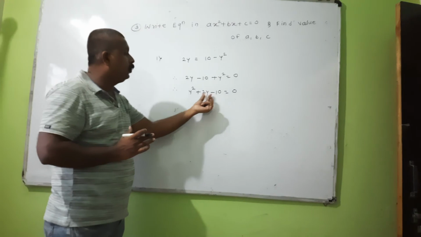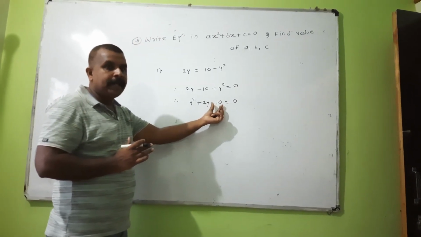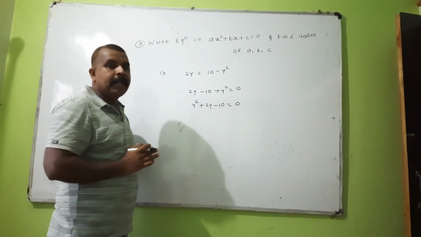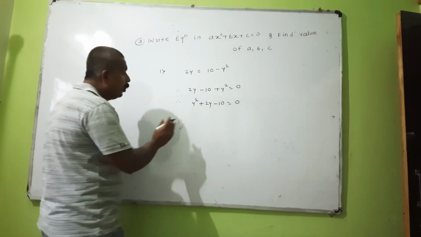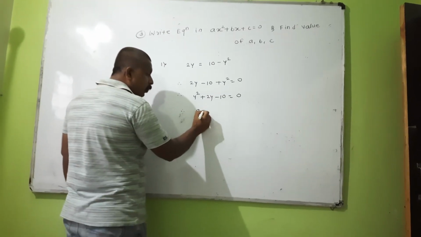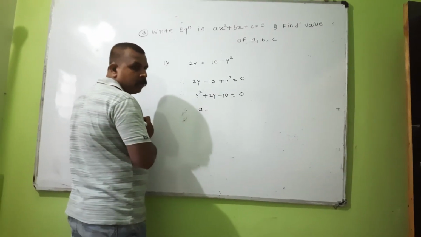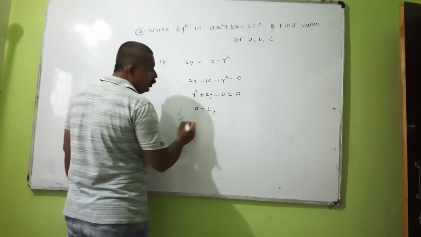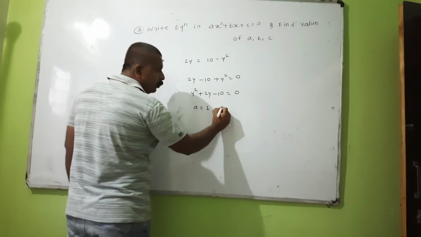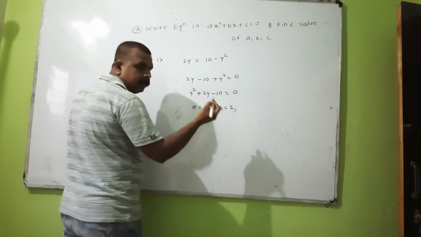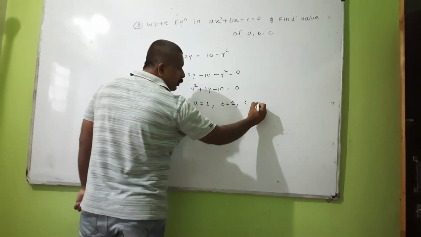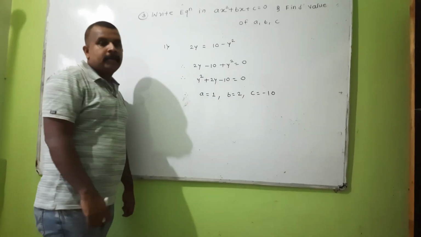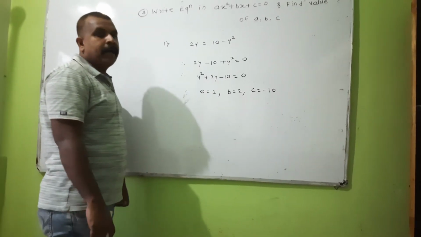It contains 3 parts on the left side, and on the right side there is 0. So what is the value of a now? Coefficient of y square is 1. So a equal to 1. What is the value of b? Coefficient of y. So b is 2, and obviously the constant is c. So c equal to minus 10.